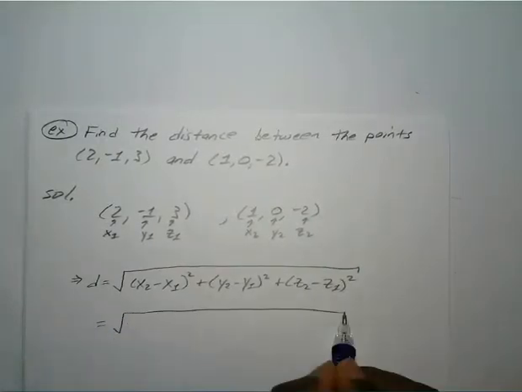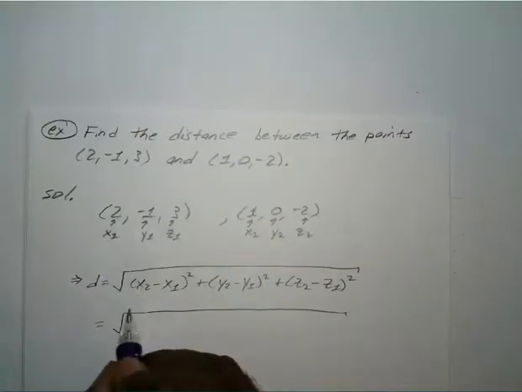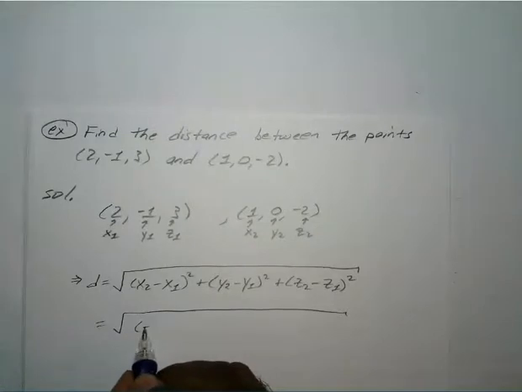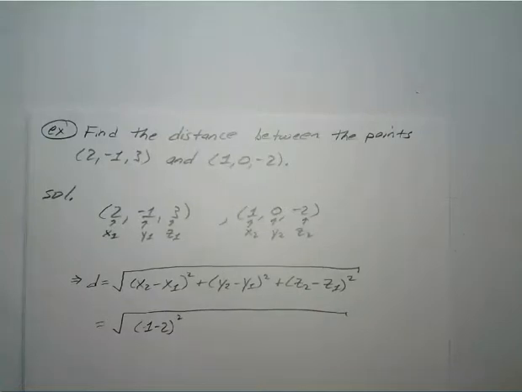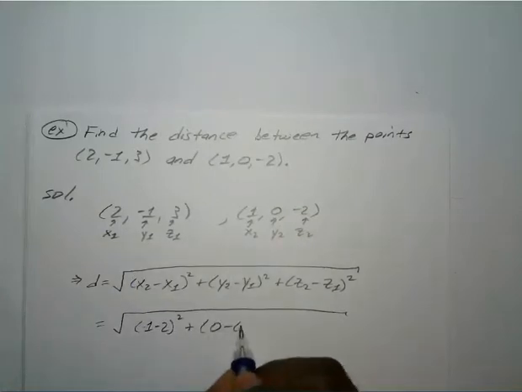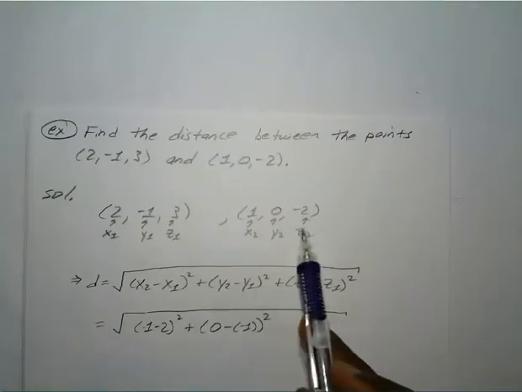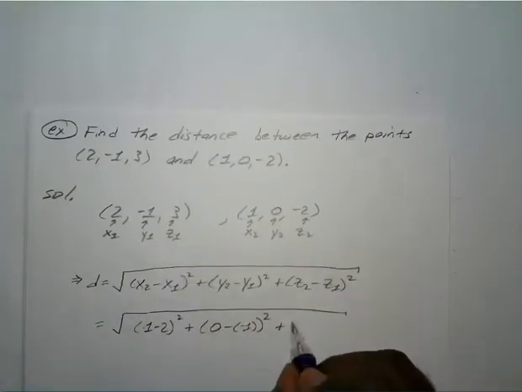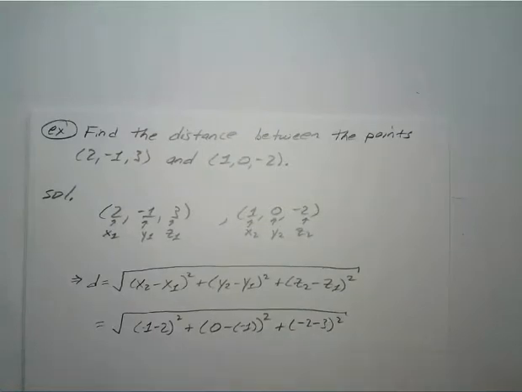We have the square root of x2 minus x1, so 1 minus 2 squared. We have our y2 minus y1, so 0 minus -1 squared. We have our z2 minus z1, so -2 minus 3 squared.